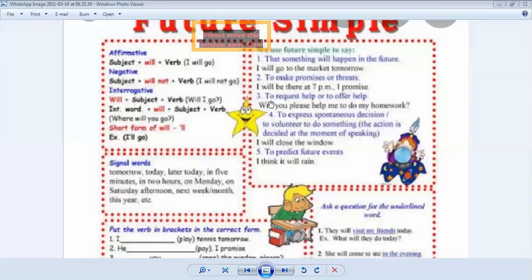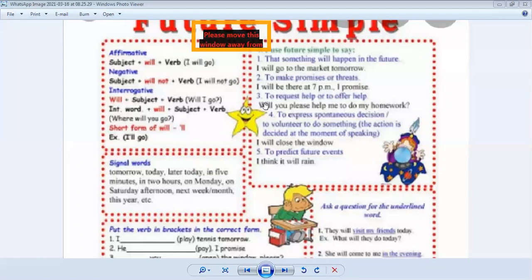Now let's move to the example. I will be there at 7 p.m. I promise. So when we find I promise, this means that we are talking about the future simple tense. Now, where is the verb? Will plus the infinitive form of verb.